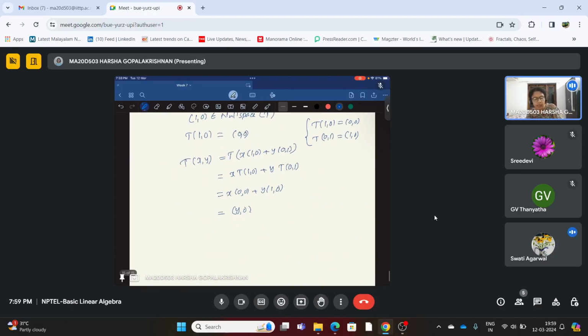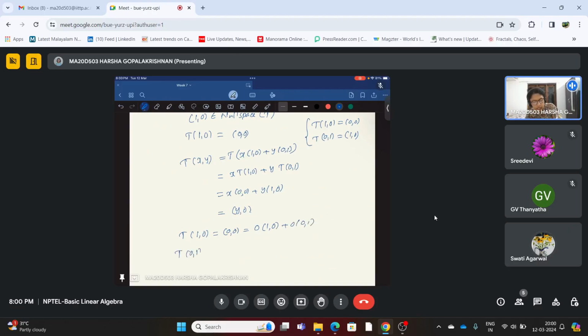Okay, so what is the matrix representation of this T? You can do that very quickly. How will we do the matrix representation? First we will find the value at the basis elements. T of (1, 0) is (0, 0), that is 0 times (1, 0) plus 0 times (0, 1), correct?